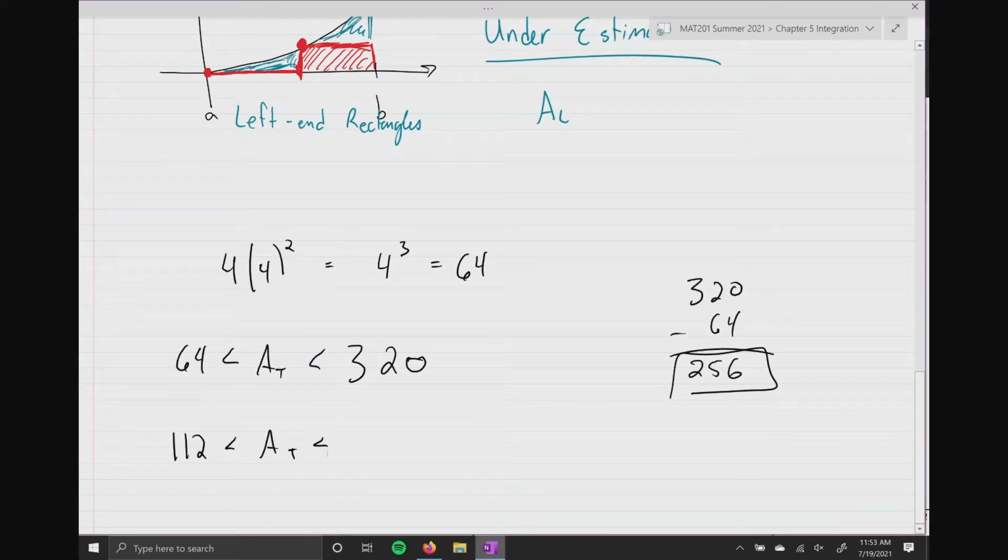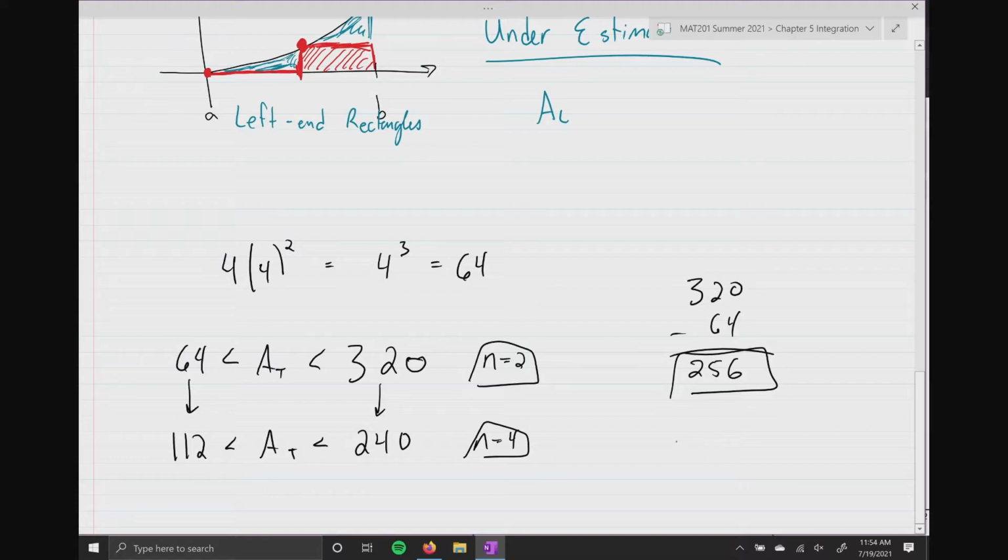And if you guessed that your interval would actually get smaller, it would decrease, then you were correct. So we went from 64 to 320 for our first interval with 2 rectangles, so n equals 2, to a new interval, which is much smaller, 112 to 240.